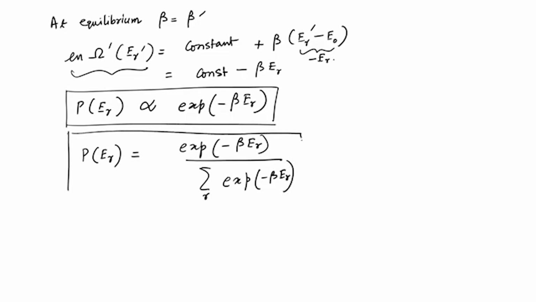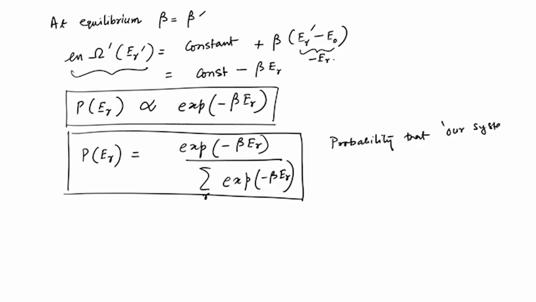Now, we have proved that this is the probability that our system, and when we say our system, we really mean any system that is under consideration, whether it is a classical ideal gas, or a collection of spins in a magnetic field, or a particle moving in a one dimensional box, or for that matter anything, a group of harmonic oscillators, anything.